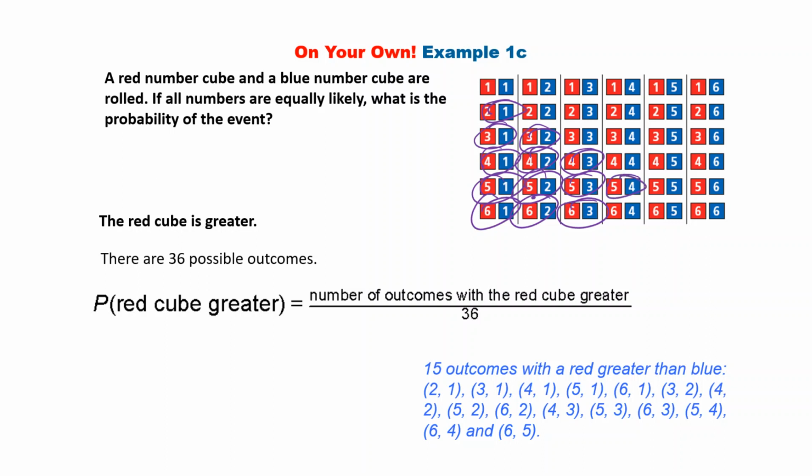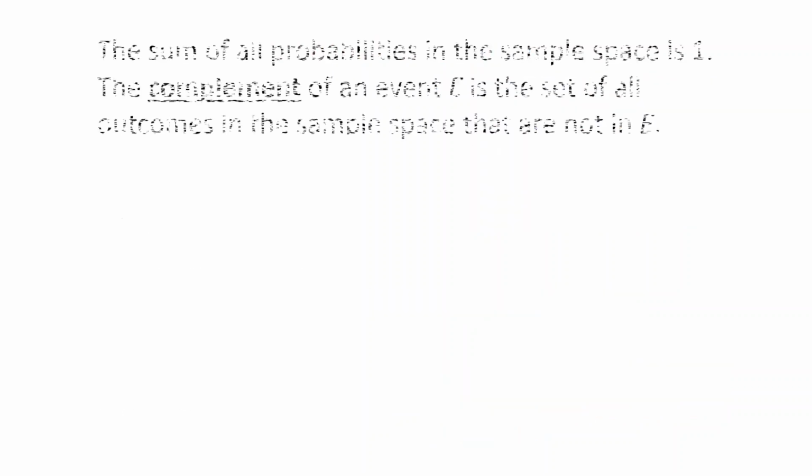And then down to 5, 4, and 6, 4. And then 6, 5 finally. So we count all those up. 1, 2, 3, 4, 5, 6, 7, 8, 9, 10, 11, 12, 13, 14, 15. Let's see if I counted that correctly. Yep. So 15 out of 36 reduced to 5 out of 12. And again, you could put that in your calculator and get the percentage also.